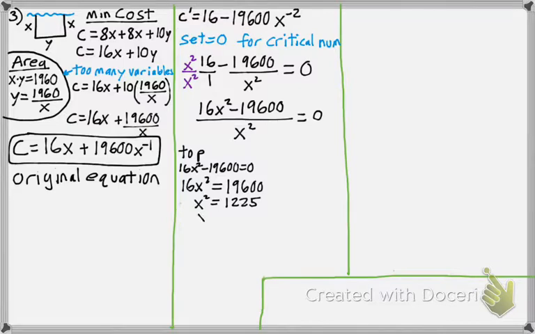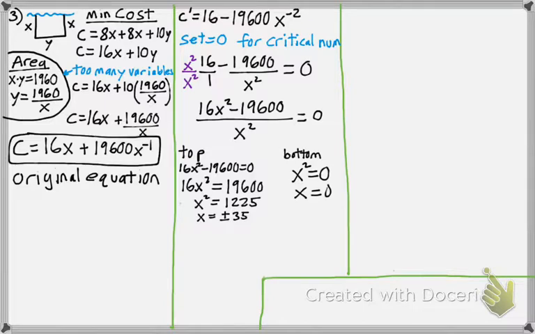And if you take the square root, then x is equal to plus or minus 35. For the bottom, we have x squared is equal to 0, so x is equal to 0.